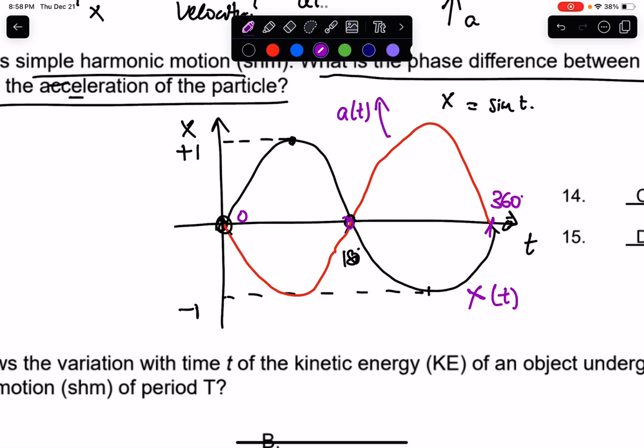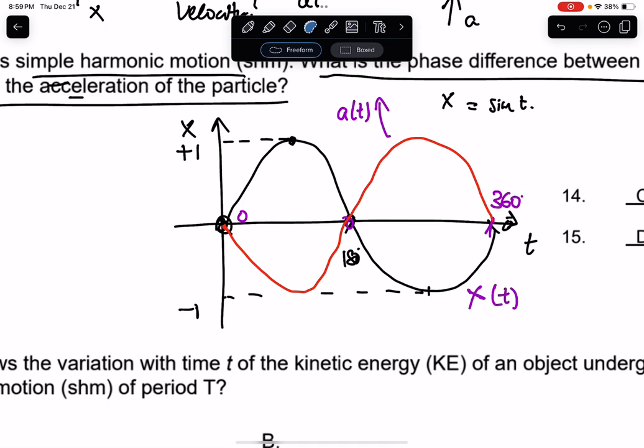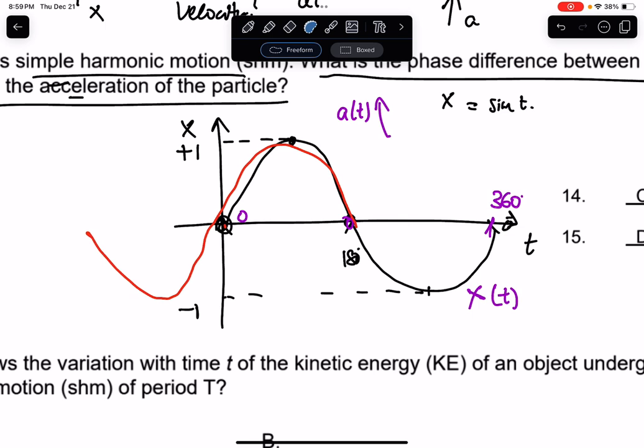Now in this case, if you look at the phase difference, so phase difference is sort of like the difference in the angles, right? So let's make this continuous. Okay, so in this case, if I take this graph of acceleration and move it a little bit to the left, I'm going to get the sine function.